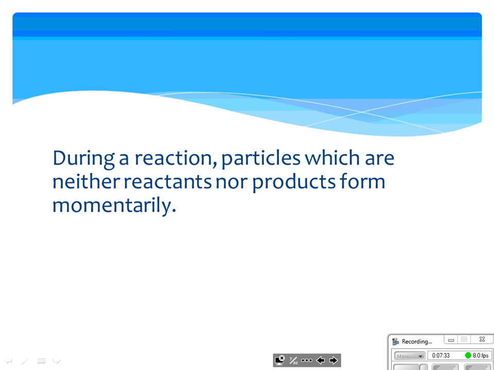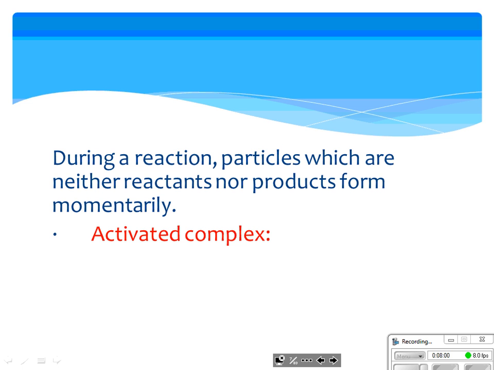During a reaction, particles which are neither reactants nor products are formed momentarily. We call this the activated complex. We're going to get another name for that coming up, I believe, on the next slide.